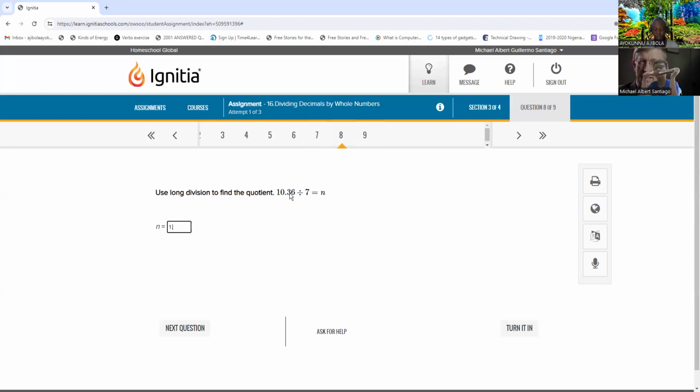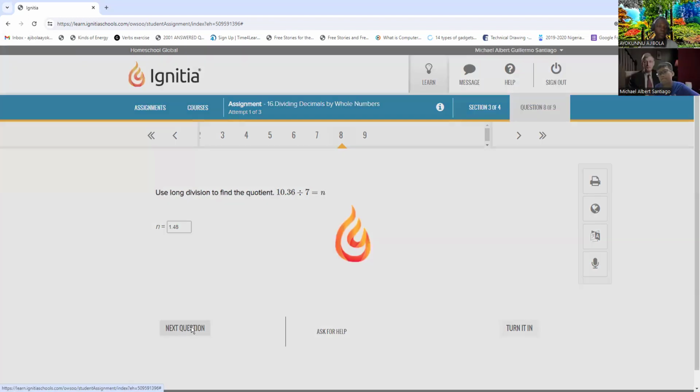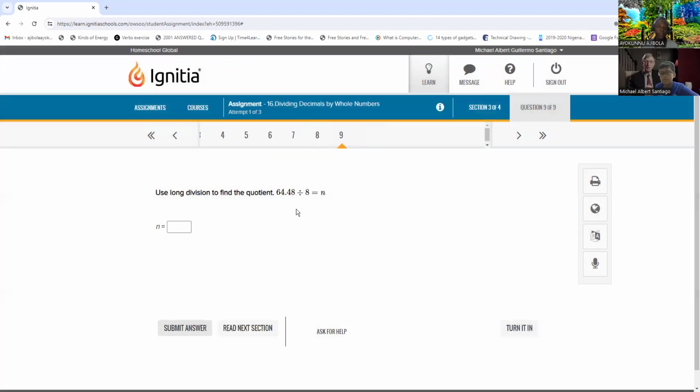That should be 4, which is 28. So if you take 28 away from 33, you have 5 remaining. So how many 7 in 56? That's 8. So the answer should be 1.48.